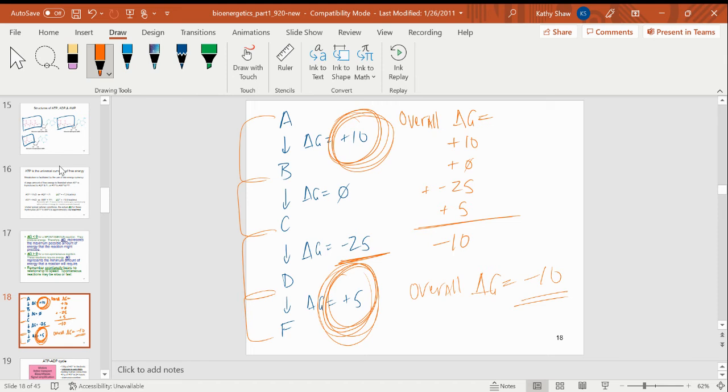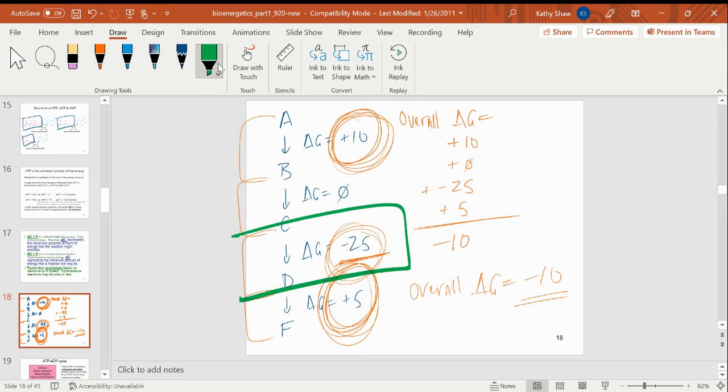So, what did we do? This really good week of the month carried along the two that weren't so good. The negative delta G has enough energy to carry along the two that were positive. So I had enough extra energy here to cover this and cover this. So as long as my overall is negative, I'm good.